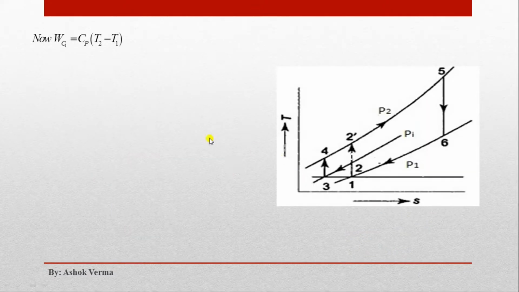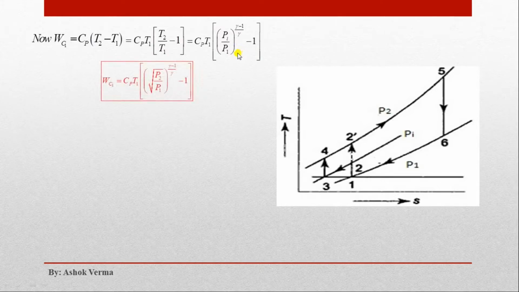So here we will calculate the work input to the compressor 1. Since compressor 1 has work input WC1 equal to Cp into (T2 minus T1), or Cp into T1, we are taking it common as T1, so this will be (T2 by T1 minus 1), and since T2 by T1 is equal to (Pi by P1) to the power (gamma minus 1) by gamma, and we have derived Pi as Pi is equal to square root of P1 into P2.